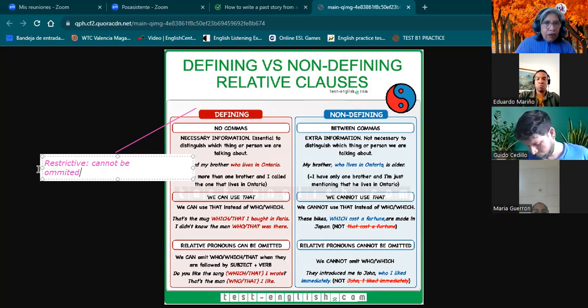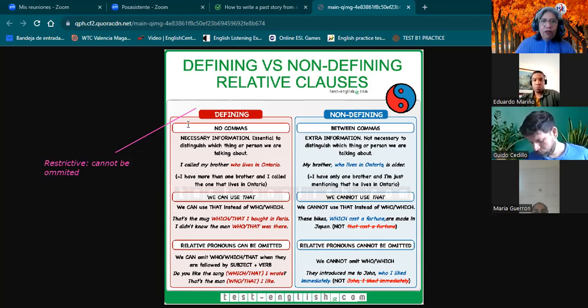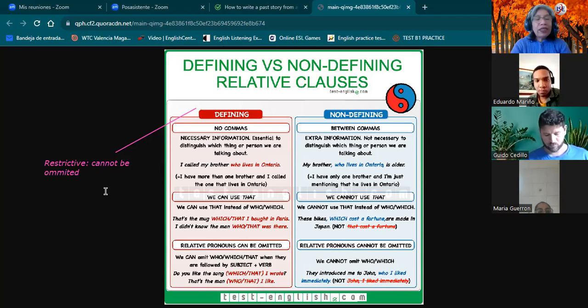The restrictive or defining relative clauses cannot be omitted. If you omit that information, you will never know what people are talking about.